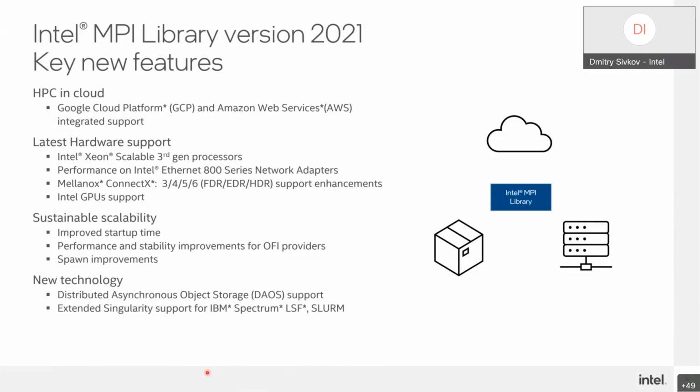Of course, we have plans for major releases, but right now we have the 2021 version, and the key new feature in 2021 in comparison with 2018 is that now we are focused on HPC in the cloud. So we have strong integration with Google Cloud Platform and Amazon Web Services, and of course the Intel MPI library is working in Microsoft Azure and other clouds.